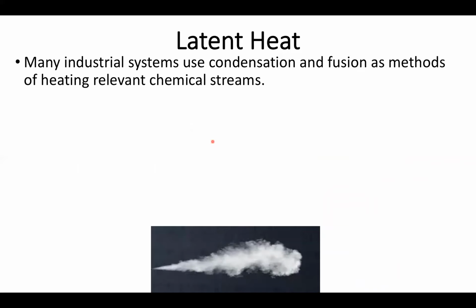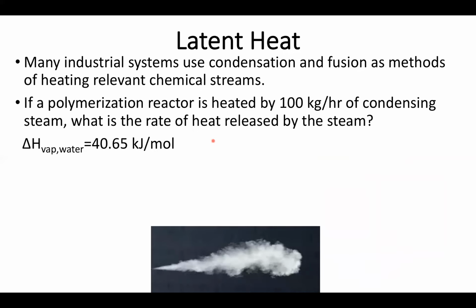So one of the big things to make note is that you're often going to have to address latent heats when solving real problems, because it turns out one of the big things we're trying to drive in a lot of chemical processes are phase changes. So let's go ahead and look at an example system. I'll have a reactor that I'm going to heat by condensing steam.